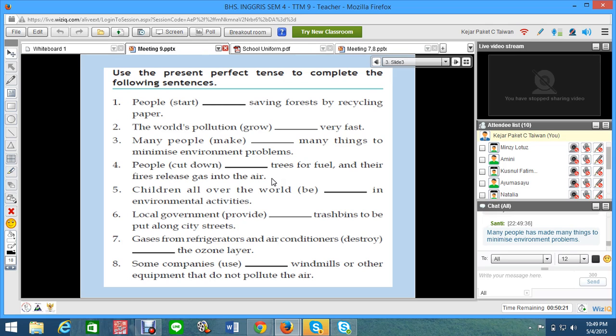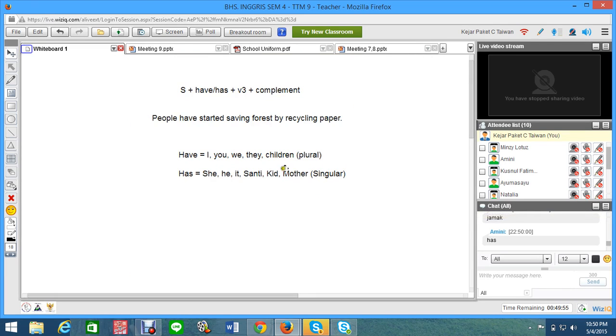Many people. Okay, many people itu plural atau singular? Jamak atau tunggal? Many people, banyak orang. Berarti many people itu adalah jamak. Berarti kalau jamak pakai have atau has? Jamak pakai have.